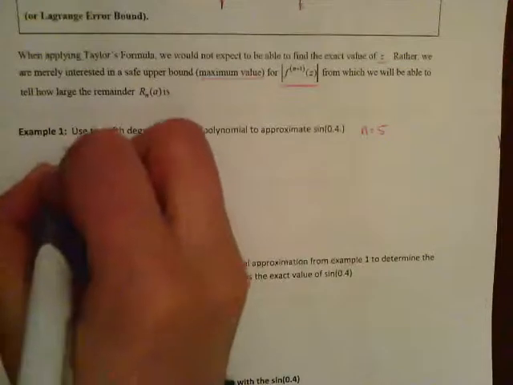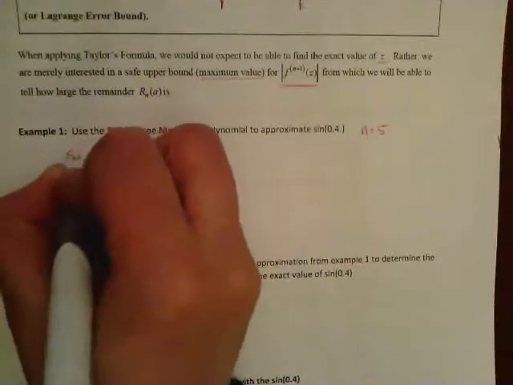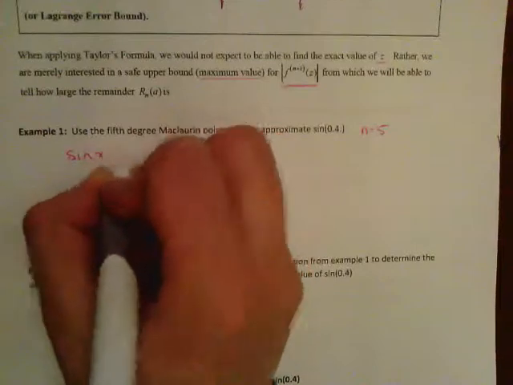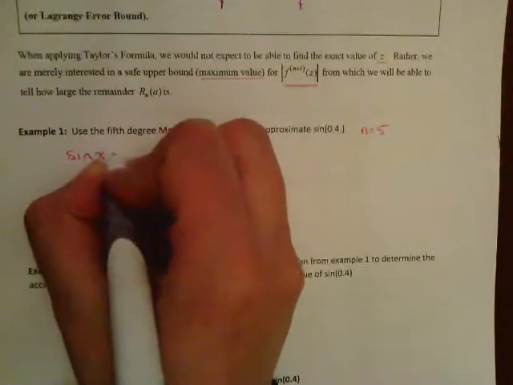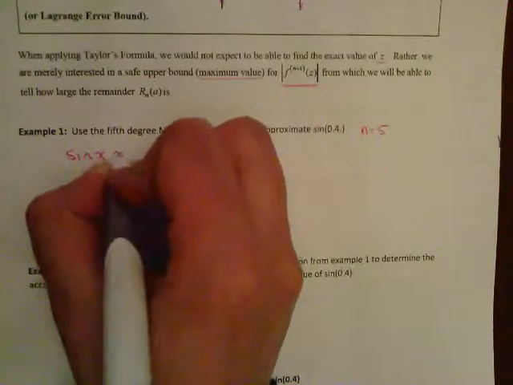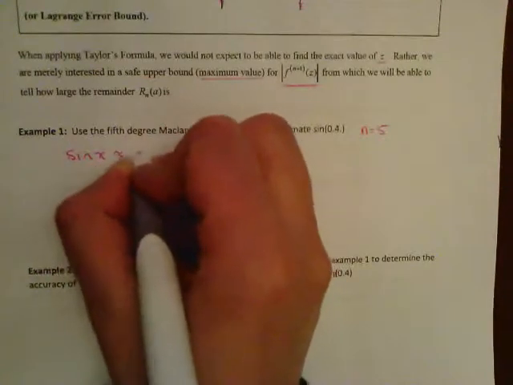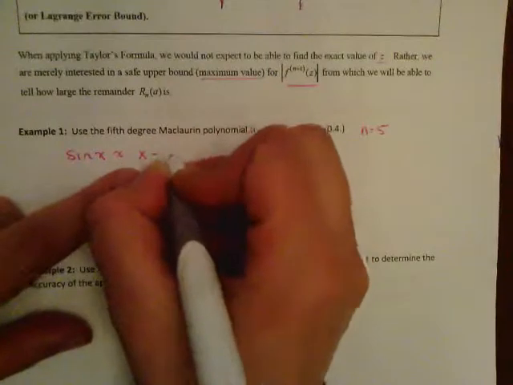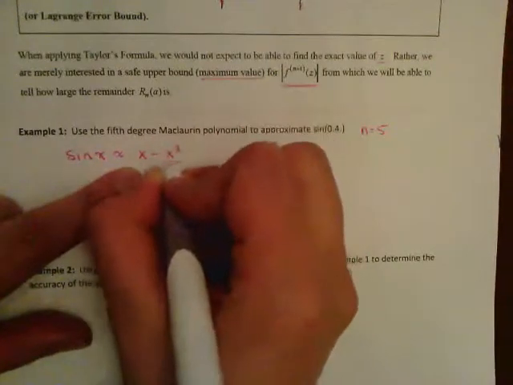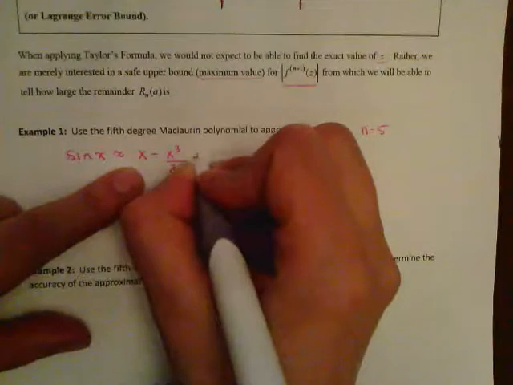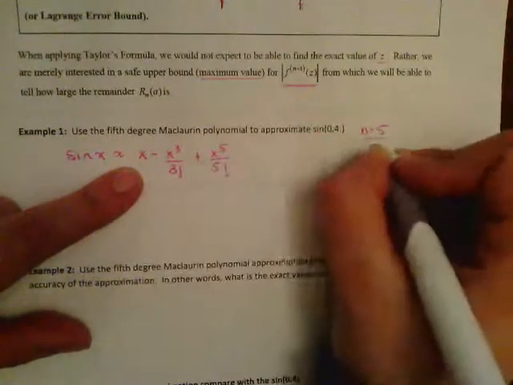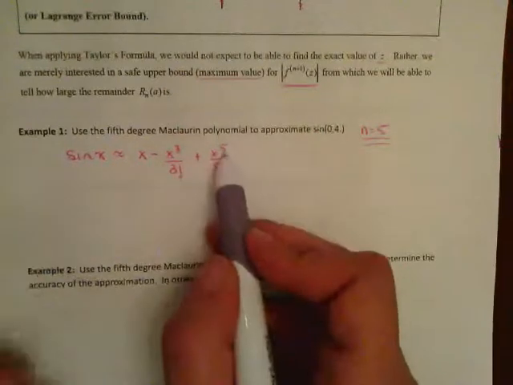If you remember, the Maclaurin polynomial for sine of x is approximately x minus x cubed over 3 factorial plus x to the 5th over 5 factorial. It's the odd numbers. We're going to stop here because we got to n equals 5.